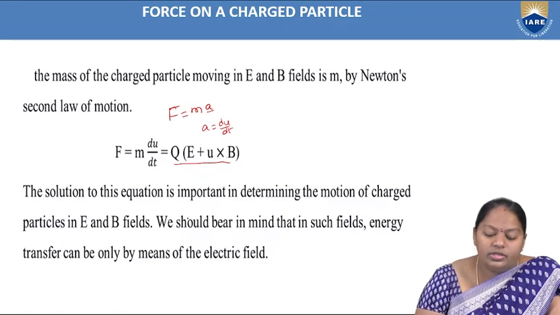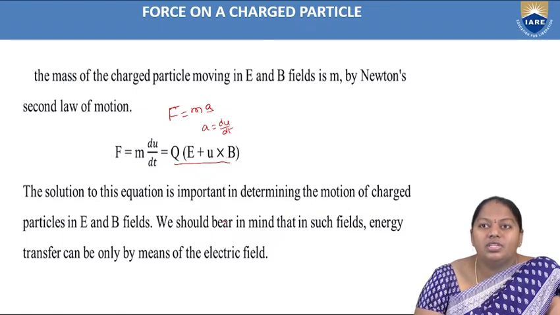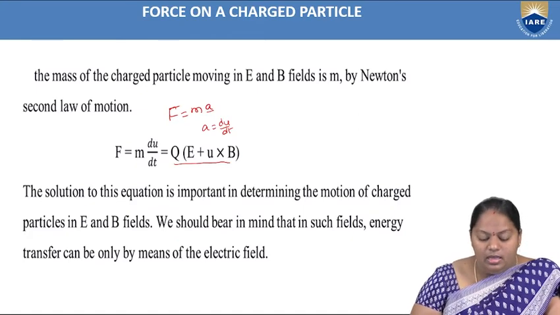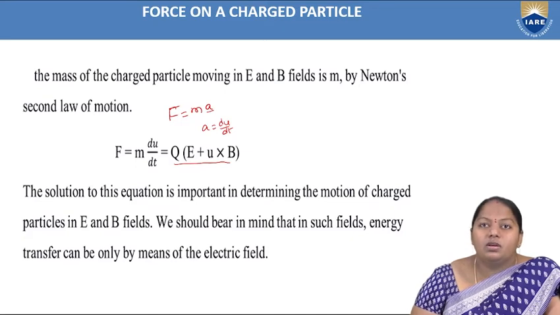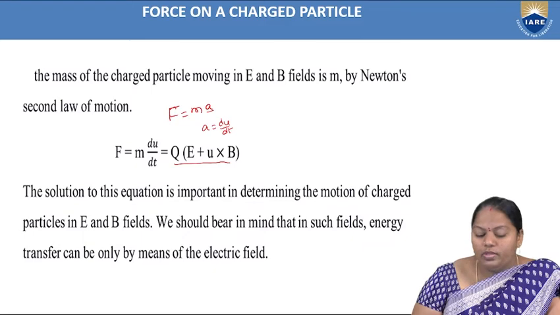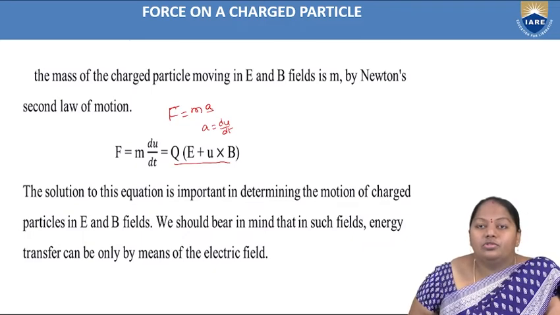Then the solution to this equation is important to determining the motion of charged particles in electric as well as magnetic fields. We should bear in mind that energy transfer in such fields can be only by means of the electric fields. Why? Because if you compare, the electric force is more than the magnetic force.